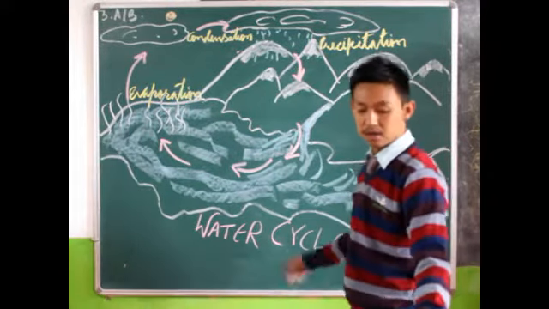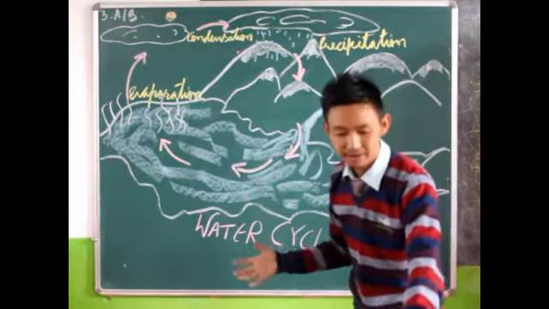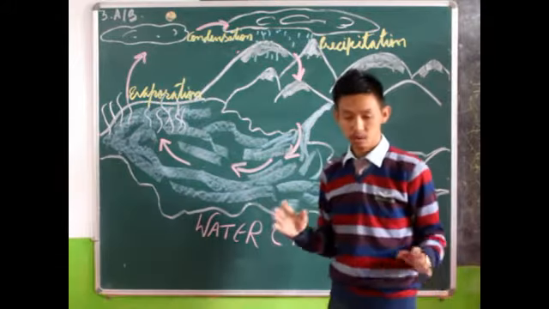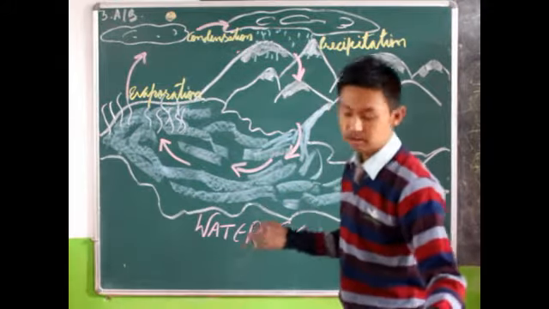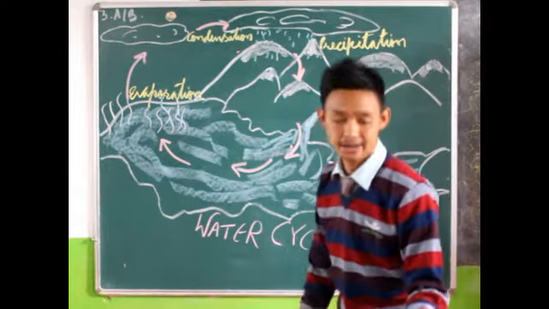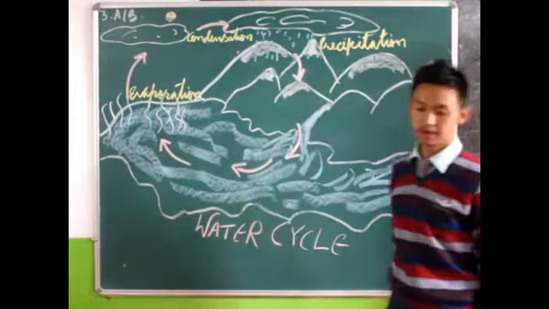Now, when the clouds become heavier and cannot hold any more water, the water drops fall down in the form of rain. This is called precipitation. Okay.